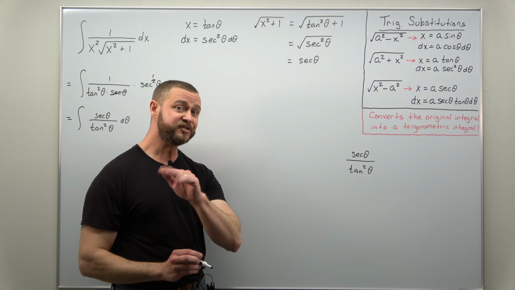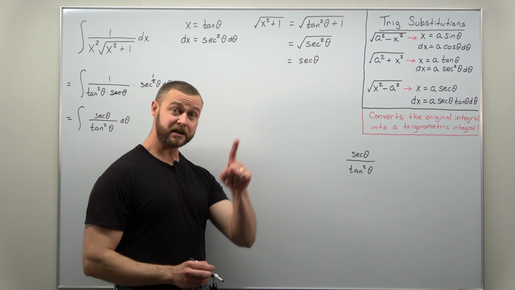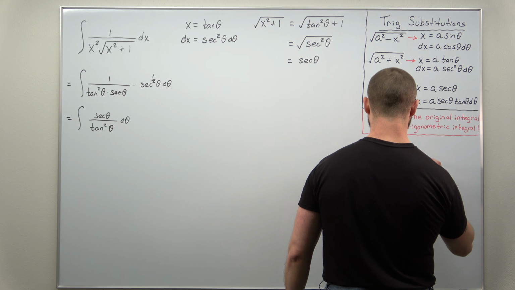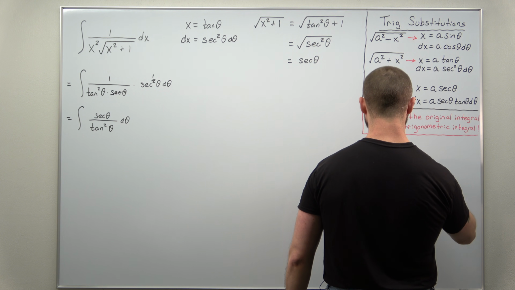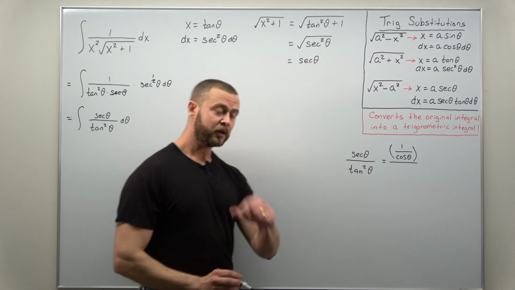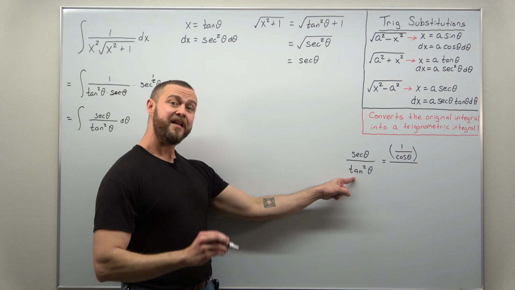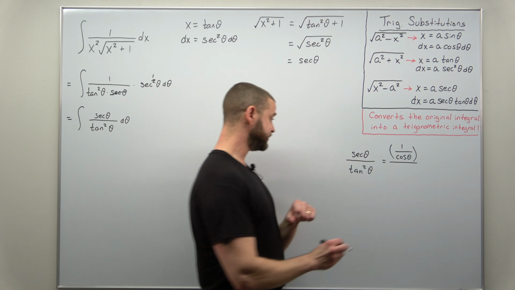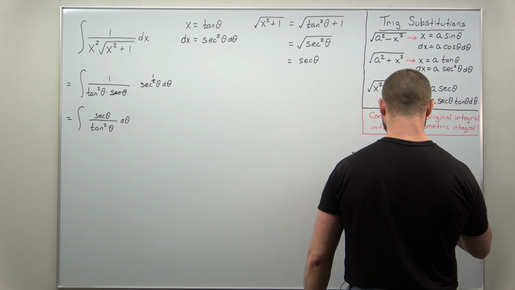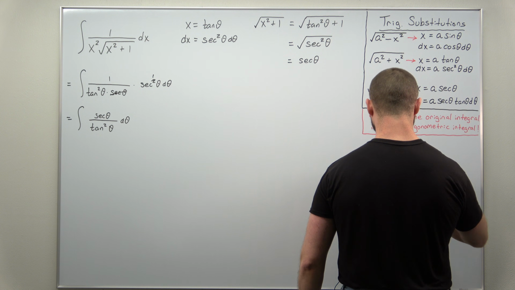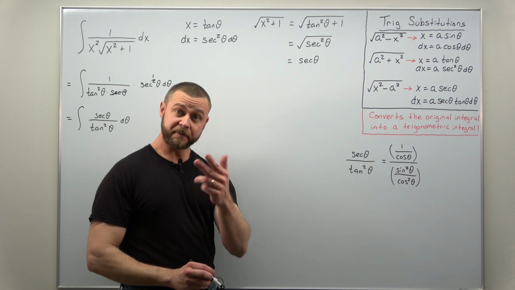Let's use some basic trig identities. Secant is 1 over cosine. So we get a fraction in the numerator, 1 over cosine of theta. Tangent squared should be rewritten as sine squared divided by cosine squared. And now we just use some fundamentals.